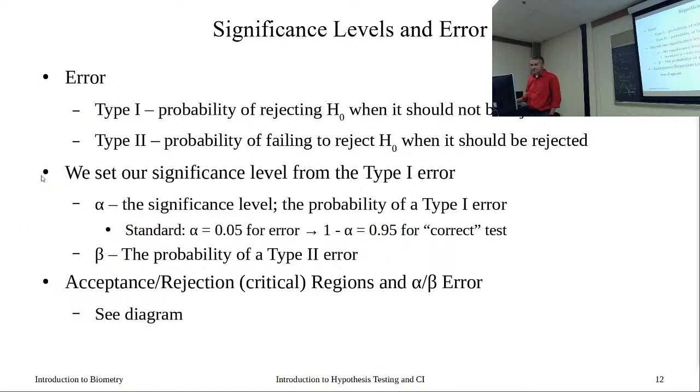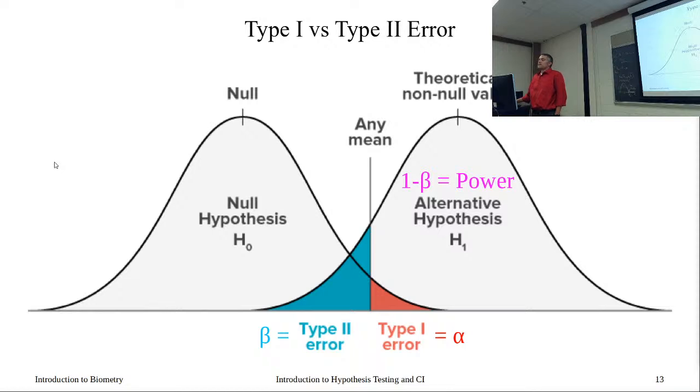All right, so how does this all relate? Well, we have to think about the actual hypotheses, the null hypothesis and the alternate hypothesis. The null hypothesis is that there is no difference, and the alternate is that there is a difference. And if the alternate hypothesis is true and it looks like this, then we can start figuring out, well, what's our type 1 error, what's our type 2 error?